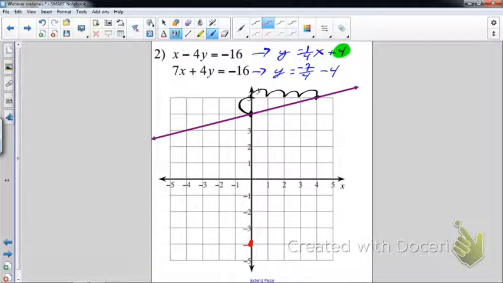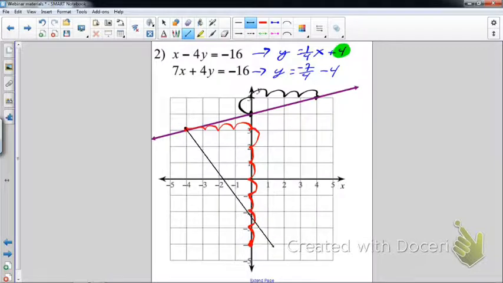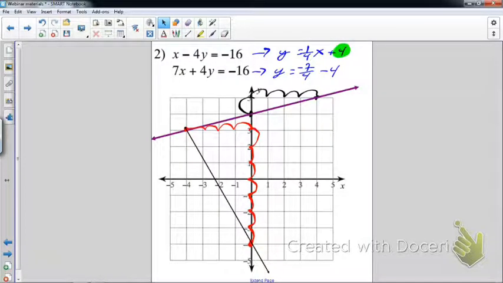We can add them, or we can work backwards, where I go up 7, 1, 2, 3, 4, 5, 6, 7, and then I'm going to go to the left this time, 4. I know that in my class we haven't really talked about going to the left, but for this example we'll just go ahead and use it, and take my word, it works just the same as always going to the right.